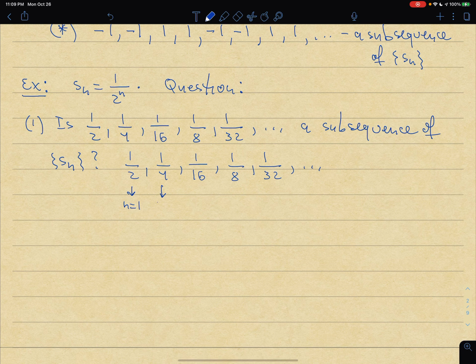This corresponds to n equal to 2. This corresponds to n equal to 4, because 16 is 2 to the 4th. This corresponds to n equal to 3. Then n equal to 5, etc. Maybe let's do one more, 1/64 here. So this is n equal to 6.